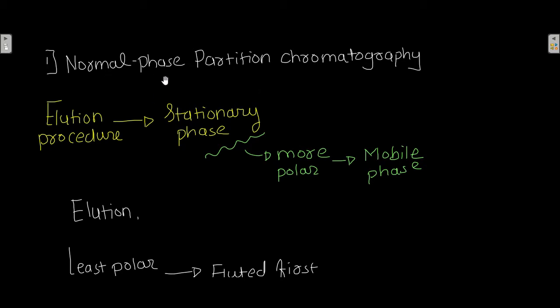Now normal phase partition chromatography is an elution procedure, and in this elution procedure the stationary phase is more polar than the mobile phase. Stationary phase is more polar than mobile phase in the case of normal phase partition chromatography.